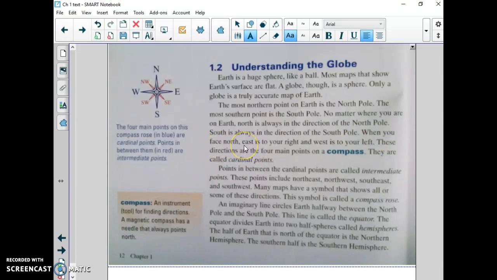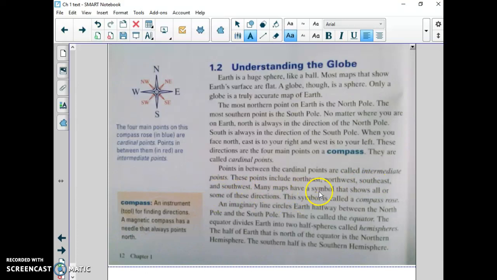When you face north, east is to your right, and west is to your left. These directions are the four main points on a compass. They are called cardinal points. Points in between the cardinal points are called intermediate points. These points include northeast, northwest, southeast, and southwest.